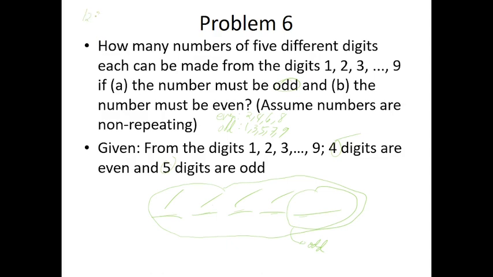Example, 12,345. 5-digit number yan. Nag-e-end sa 5 which is odd. Therefore, yung buo, dahil odd ang huli, odd na yan. Right? So that is an odd number, 12,345, because the last digit is 5, which is an odd number.